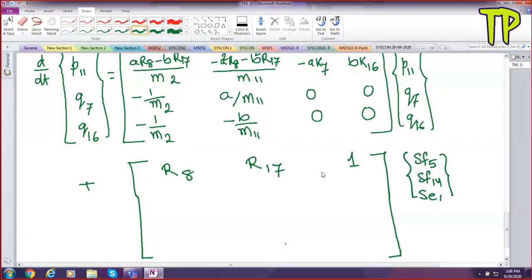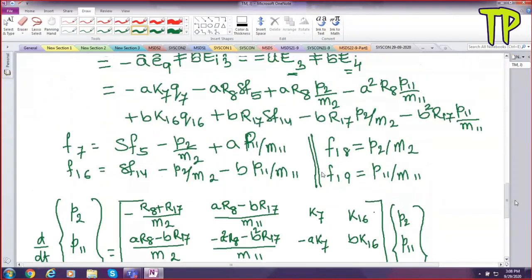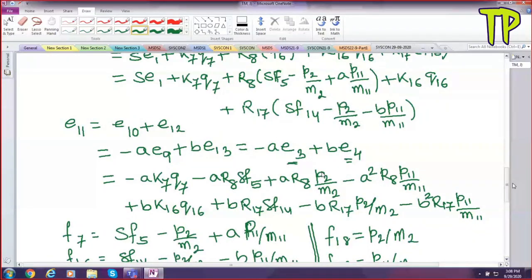This is for the first equation, E2. Then we go for equation E11. In E11 we check SF5, SF14 and SE1. SE1 is not present. SF5 and SF14 are present. Their coefficients are minus A and minus B R17... minus AR8 plus BR17.